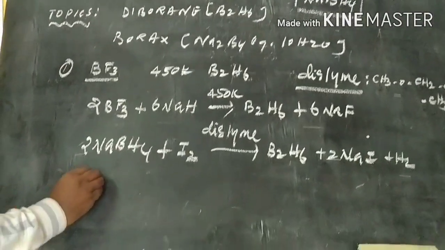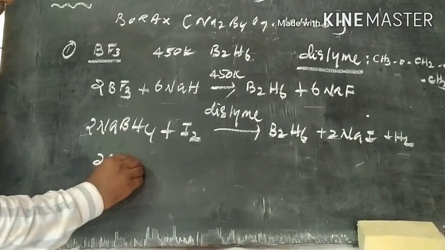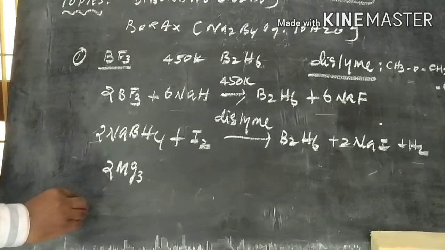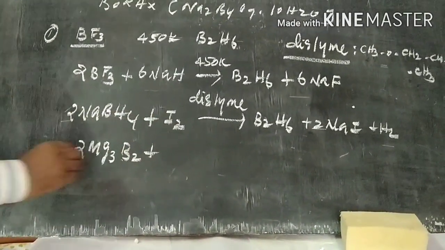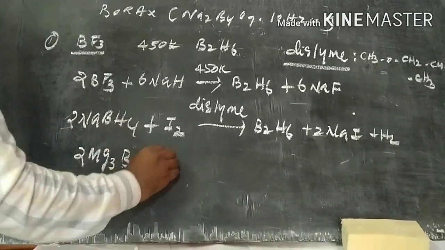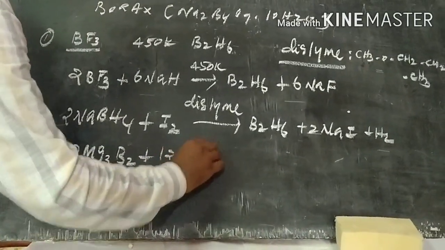2 moles of magnesium boride react with 12 moles of HCl.